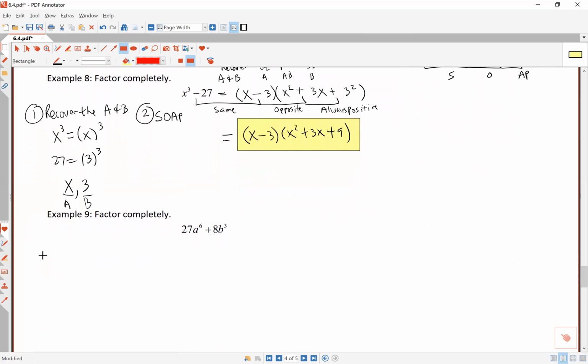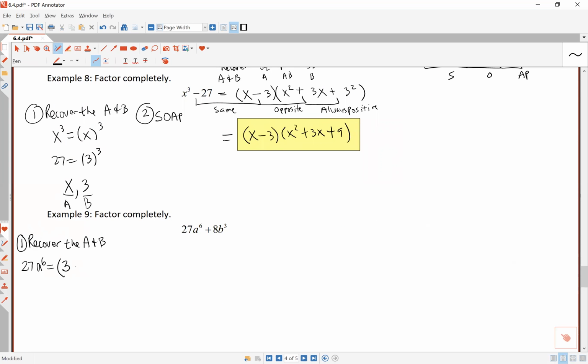Example 9, 27a to the 6th plus 8b cubed. Factor completely. Step 1, we want to recover the a and b. With 27a to the 6th, that's 3.